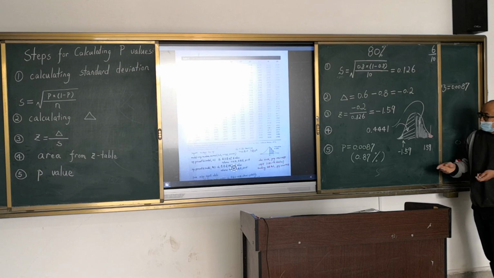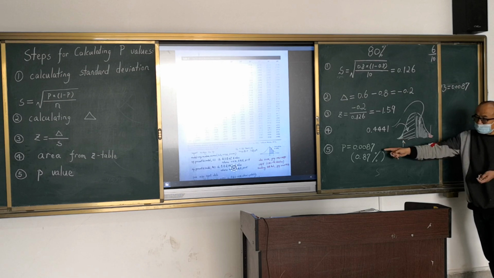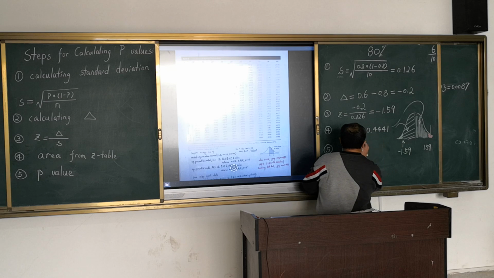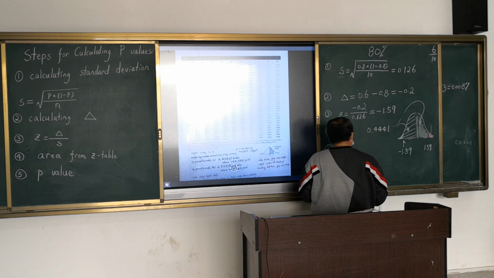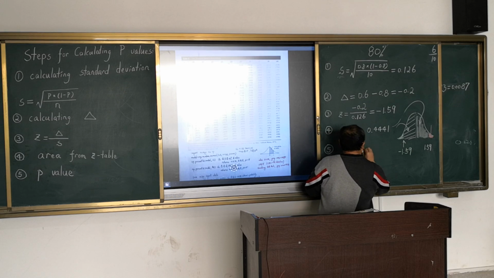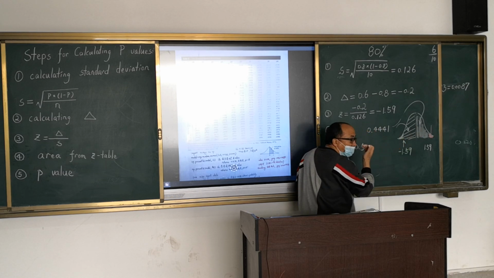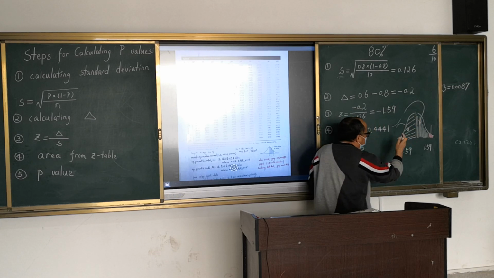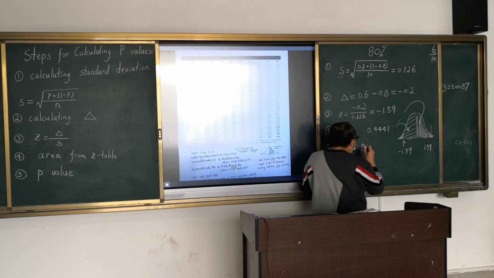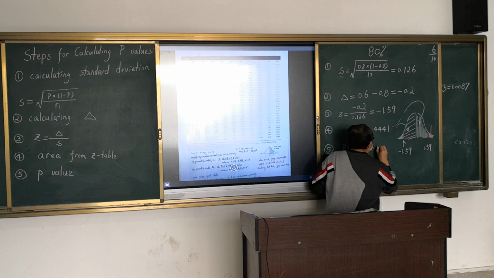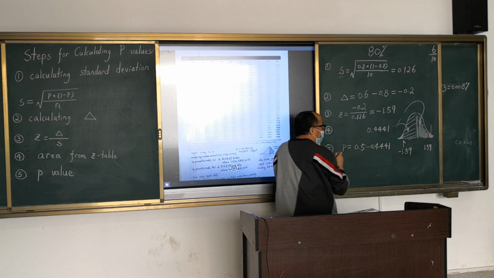Okay. Then what is the little tail, which is the p-value? What is the p-value? It's 0.5, because everything is 0.5. The total is 50%. Okay? 0.5 subtract 0.4441.